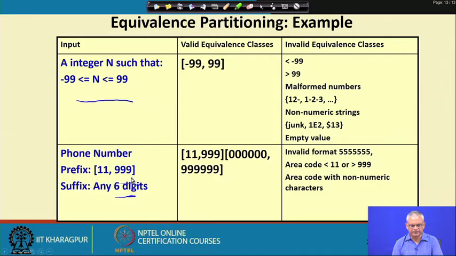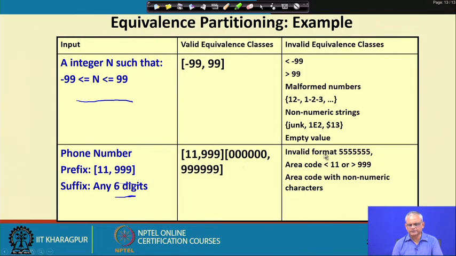For the second parameter, this phone number, it consists of two ranges. So, we might consider that the area code is between 11 and 999, and if it is in this range it is correct, but there can be invalid values due to being out of range for the first part, or the second part.